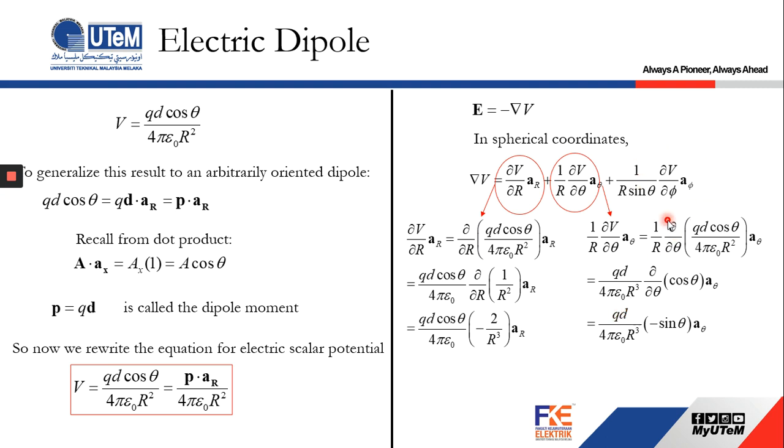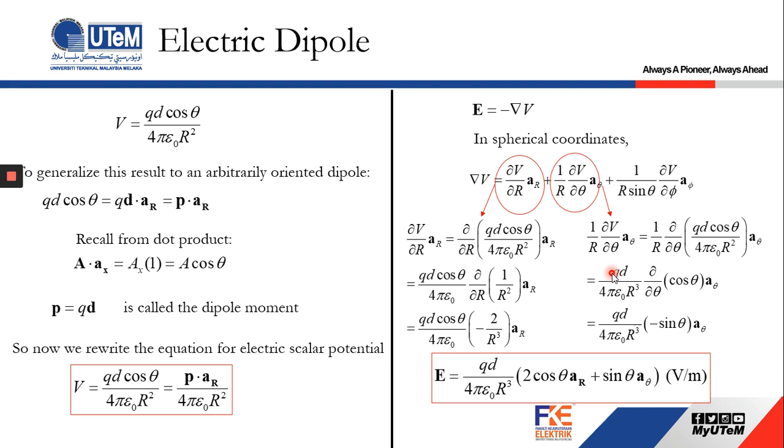Now for the phi component, if we replace, inside the equation here there is no phi component. So we need to differentiate over phi, but there is no phi. So for the final part, the answer is 0. So we only have these two components. Now, using what we have derived, we simplify the equation to obtain this equation here.